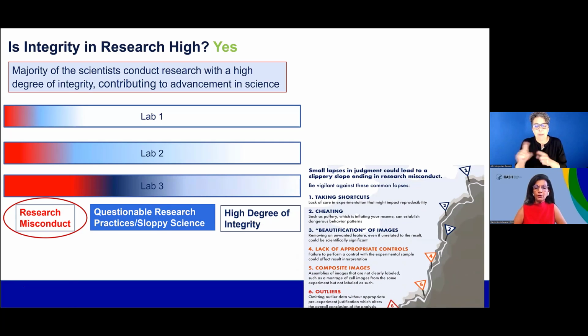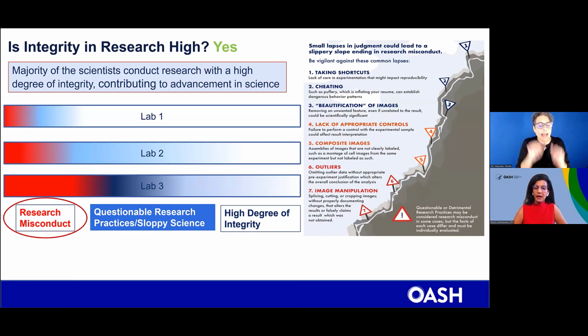If you don't pay attention, a lab that was really functioning with high integrity can go into this research misconduct area and be questioned. So avoid little small lapses in judgment that could lead you into questioned research practices and even to research misconduct allegations.